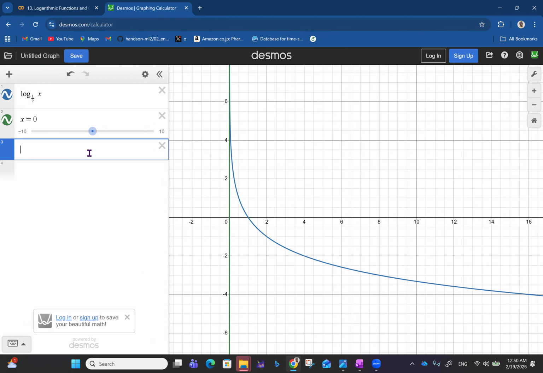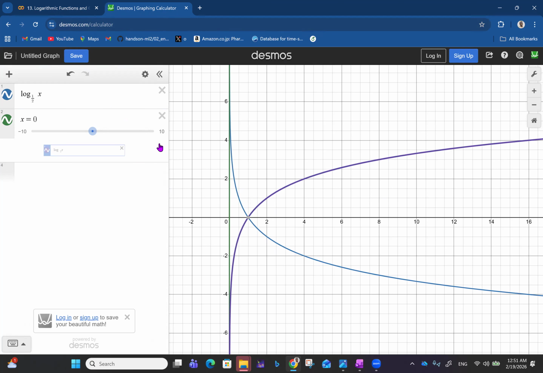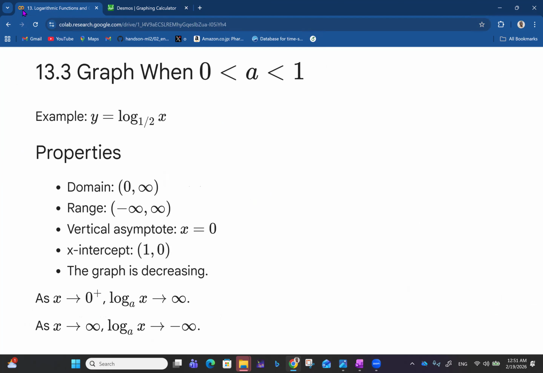To compare, we just have log x to base 2. You see it's the same (1, 0) as the intercept. Then the graph is decreasing in this case.